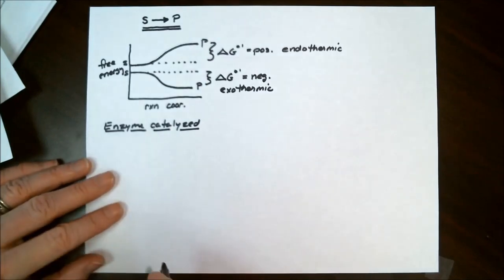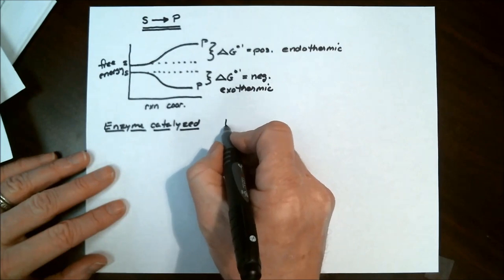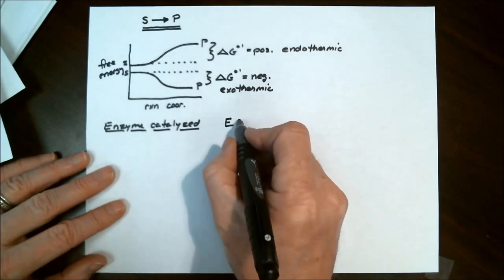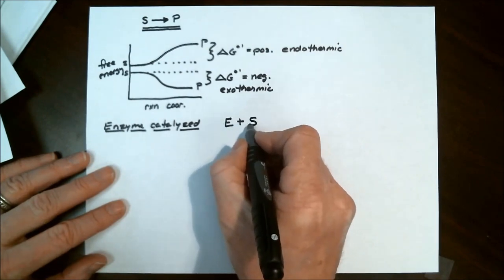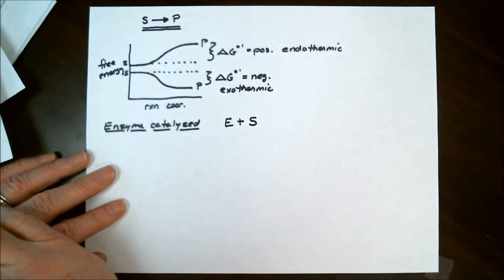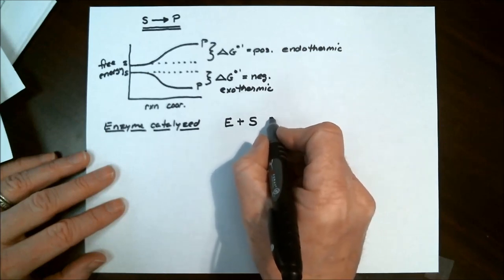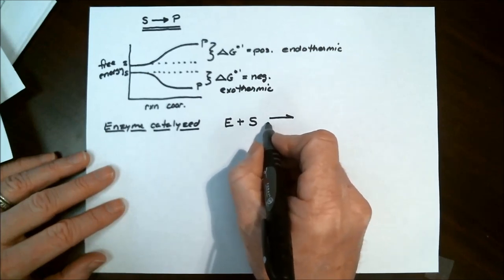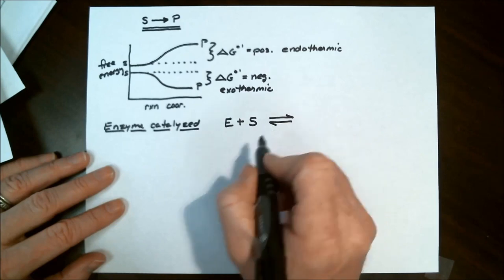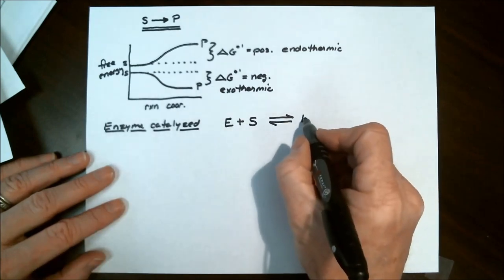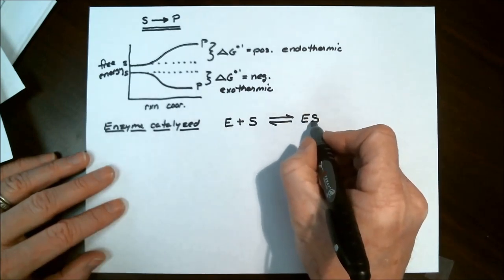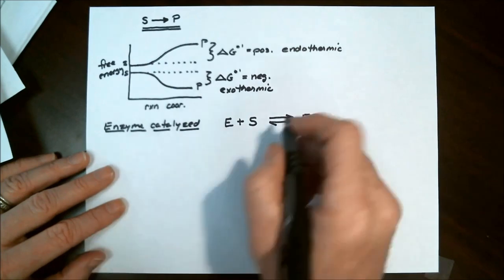With the enzyme catalyzed reaction, we need to consider the enzyme plus the substrate in solution. When these two come together, the substrate is going to bind to the enzyme, and we are going to form an enzyme substrate complex.